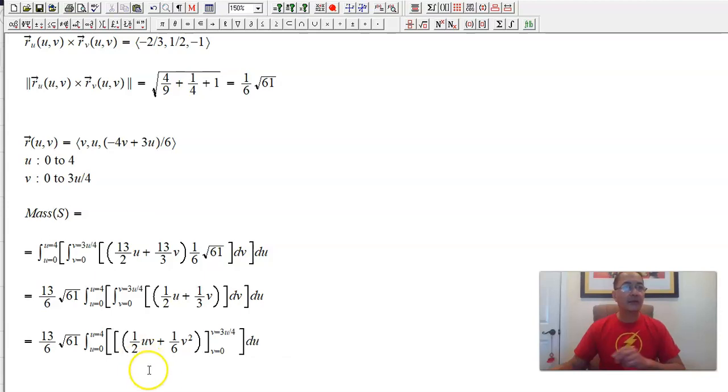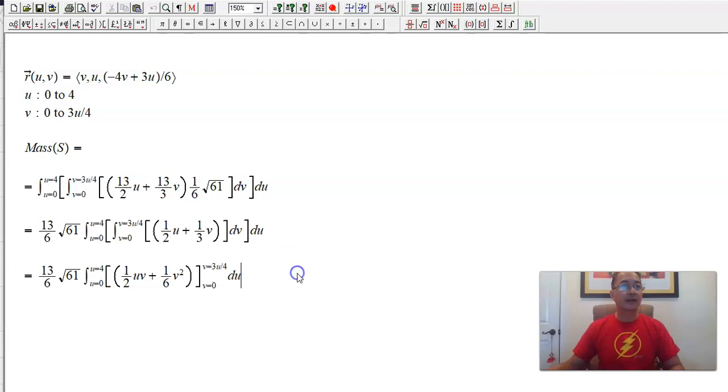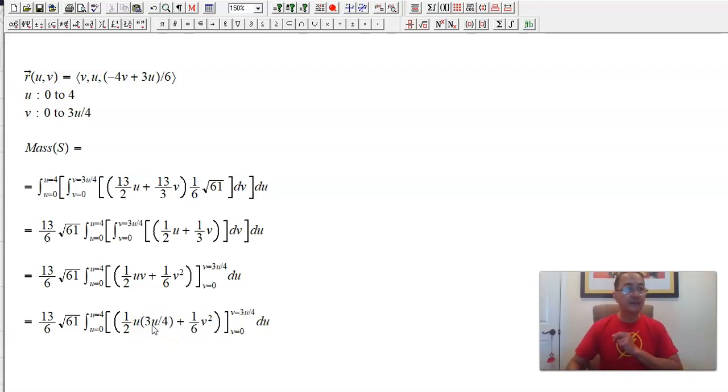So 0, you go away. And for the upper endpoint, you multiply by 3u over 4 squared. We're going to get 9u squared over 16. Okay, excellent.